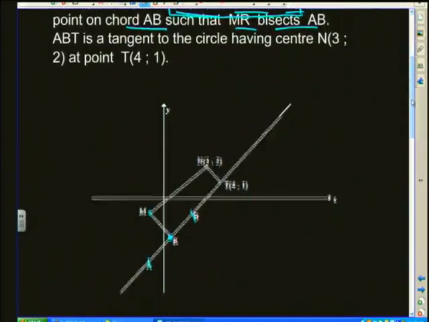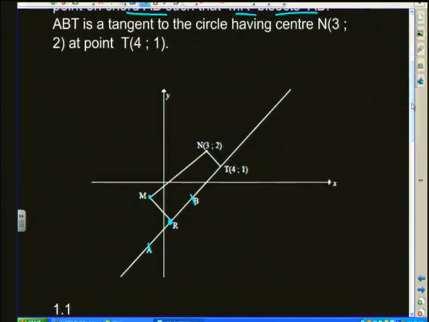And ABT, so your straight line, ABT is a tangent to the other circle with center N being (3; 2), and it's tangential at the point T (4; -1). So in other words, this tangent ABT just touches the circle center N at point T. And what I'm going to do is let's put that little circle in, just so that we have an idea of what is going on.